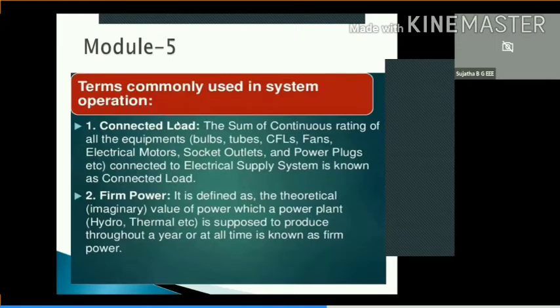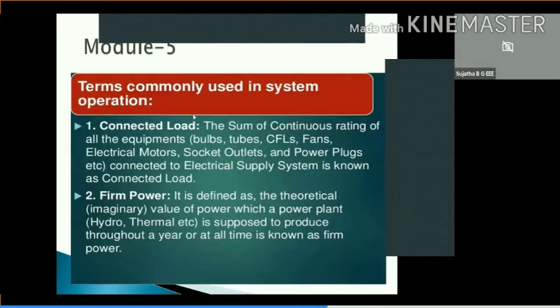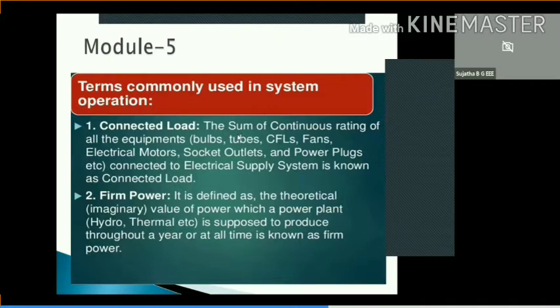Okay. So here in module 5, you will be studying about economics of power generation and also about the types of tariff. See, tariff is a term that mainly refers to the rate at which the electricity that is generated will be sold to the consumers.